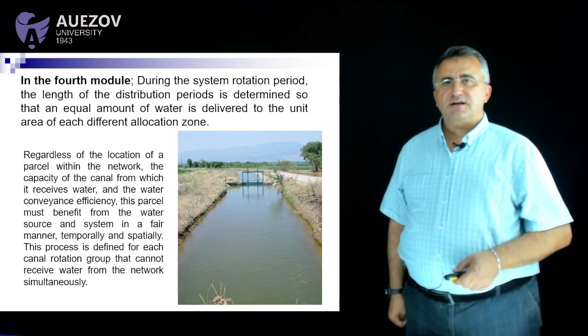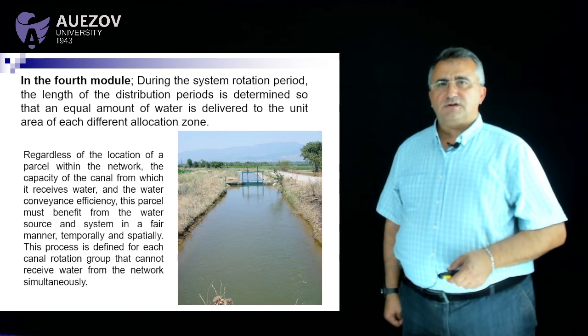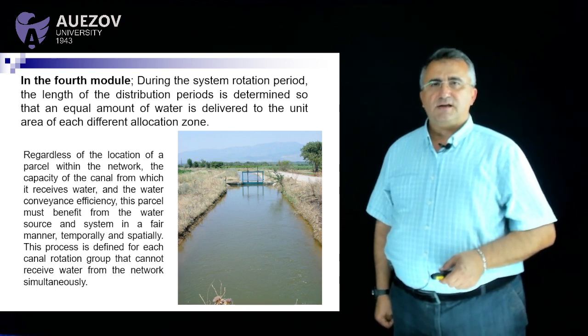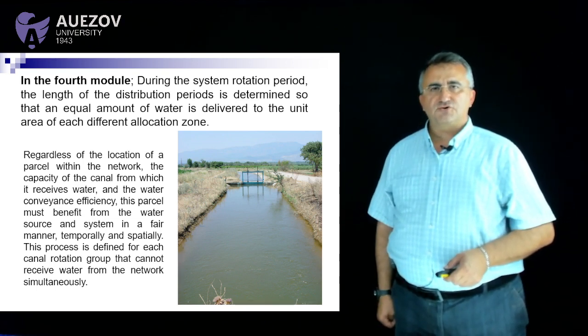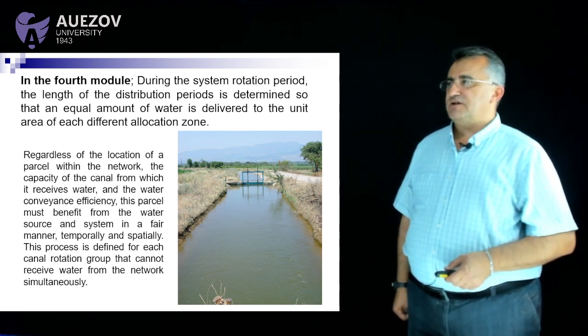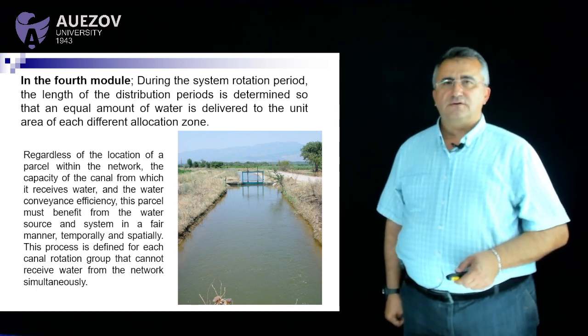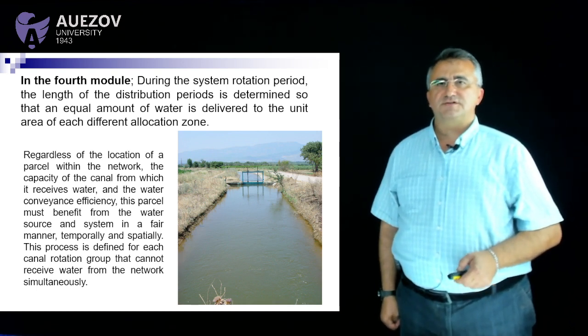This is an important point of equity in using the system and the natural resources. This process is defined for each canal rotation group, which cannot receive water from the network simultaneously.